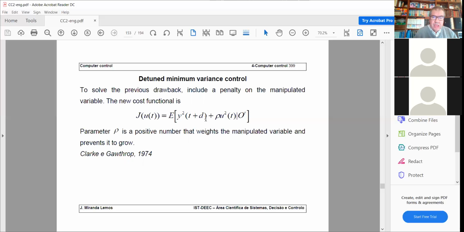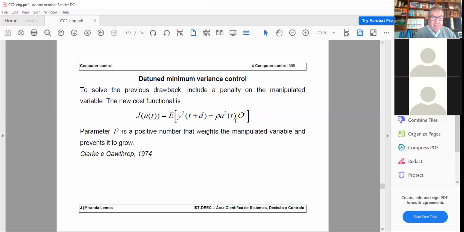Now, we computed the closed loop poles, and we came to the conclusion that if the plant has zeros outside the unit circle, you are canceling those zeros, and you get an internally unstable closed loop, which is a very bad thing. Now, the other idea was, okay, let's penalize the values of the manipulated variable to prevent them from growing. And we have the detuned minimum variance.